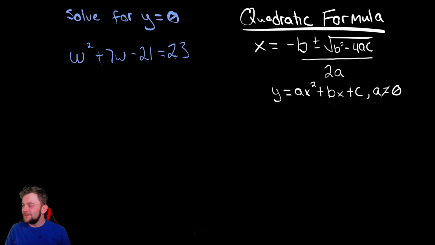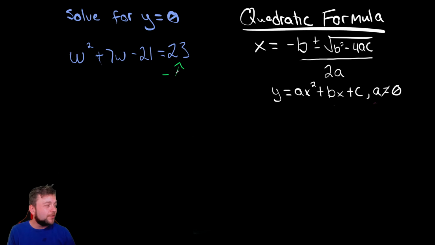Okay, so let's do this, and we will figure this out. So how do we do this? What we need to do is set this equal to 0, right? So usually our y is right there. What we will do is set this to 0. So how do we get the 23 into a 0?